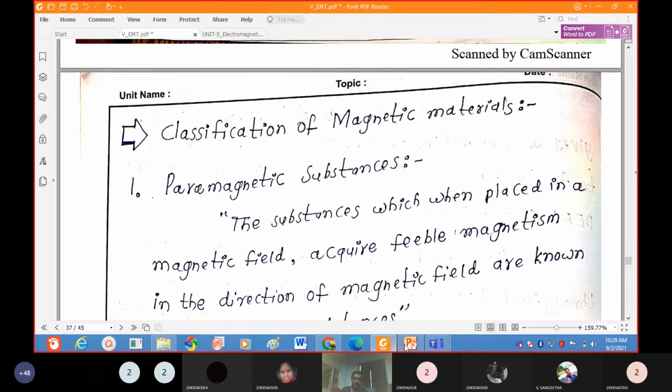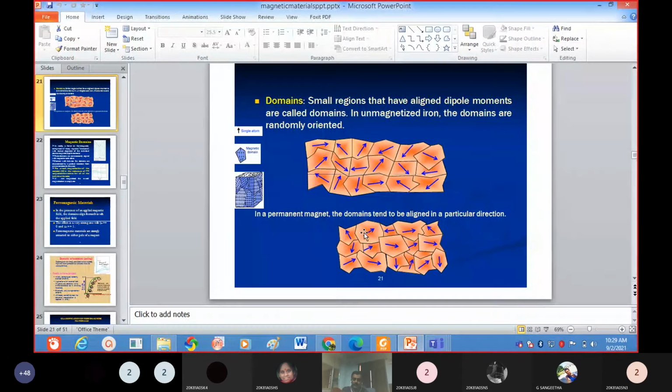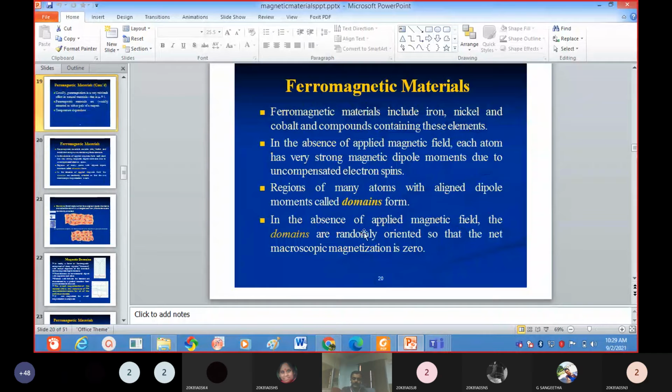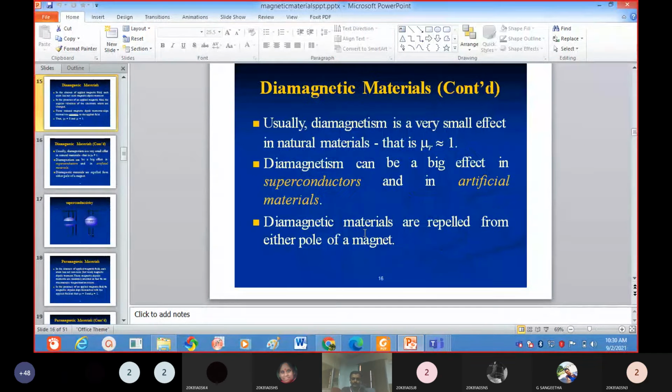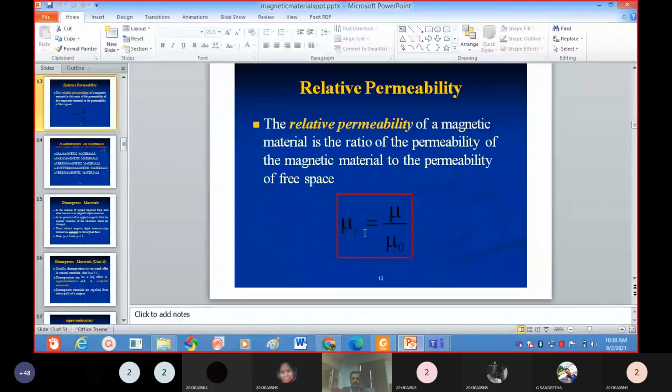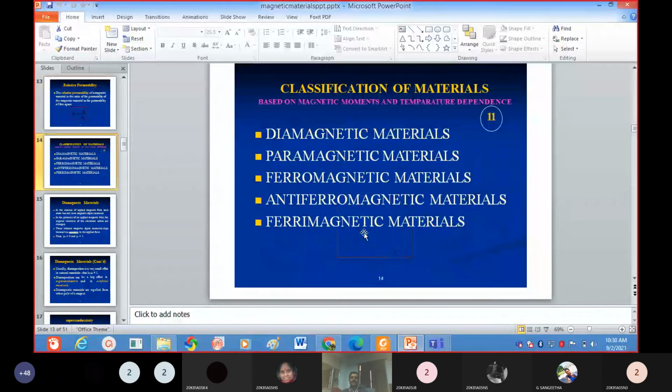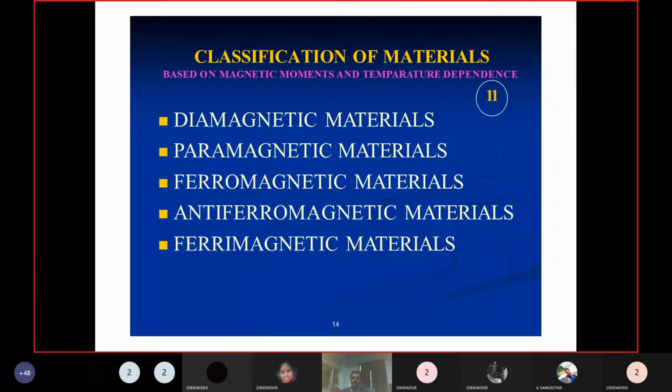So different types of magnetic materials are there, and we will discuss those magnetic materials: diamagnetic, paramagnetic, ferromagnetic, antiferromagnetic, ferrimagnetic.